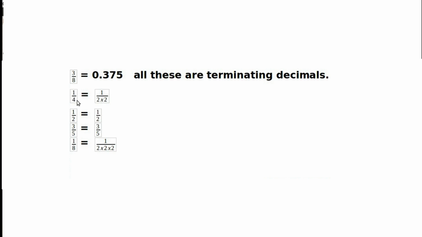The denominator is 4. 4 we can write as 2 times 2. Here 1 by 2, the factor is 2 only. And 3 by 5, the denominator is 5. And in the fourth case the denominator is 8. 8 we can write as 2 times 2 times 2.